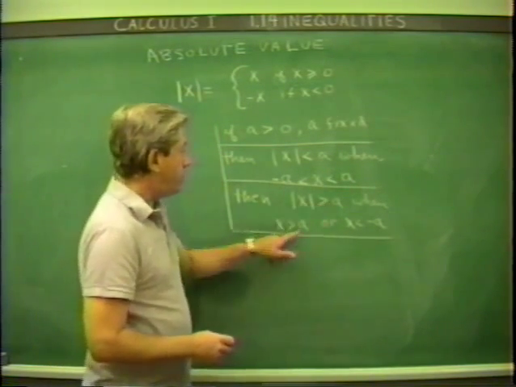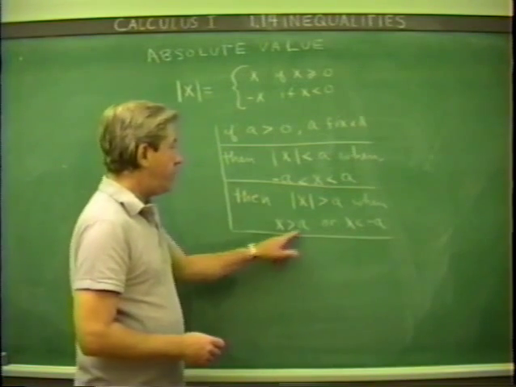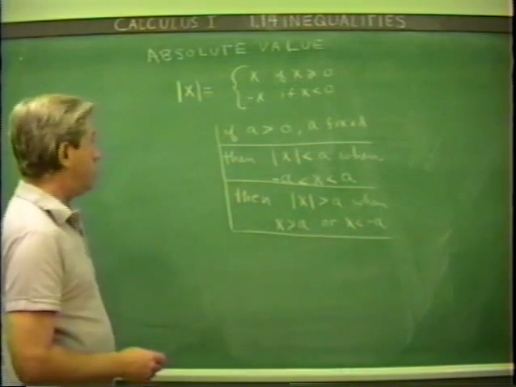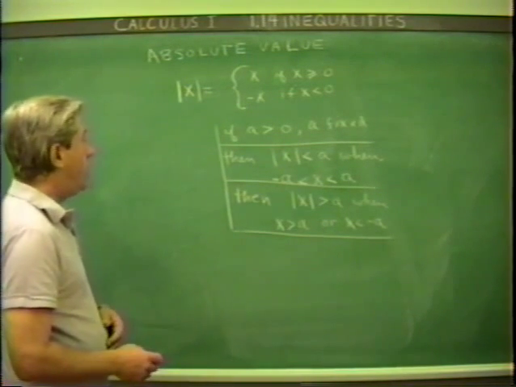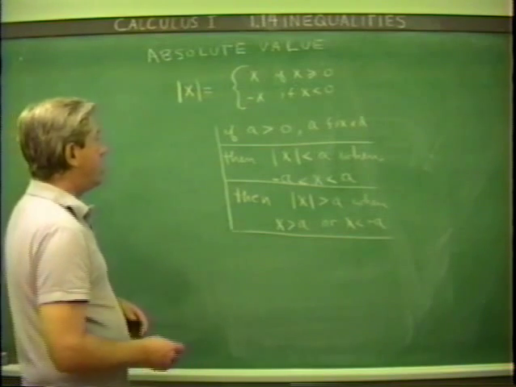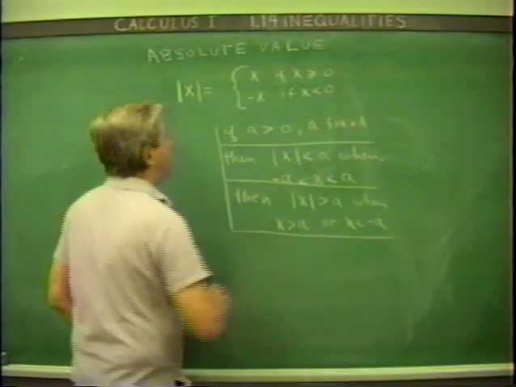And if you replace this with less than or equal to, it replaces this with less than or equal to. Similarly here, if you replace this with greater than or equal to, these become replaced with greater than or equal to and less than or equal to.